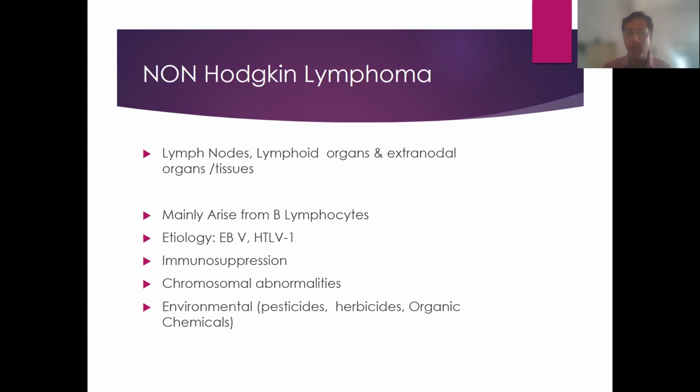For non-Hodgkin lymphoma, as compared to Hodgkin lymphoma, it is most prominent. Lymph nodes, organs and extranodal lymph nodes are found. It mainly arises due to lymphocytes, immunosuppression, chromosomal abnormalities, environmental pesticides and herbicides.